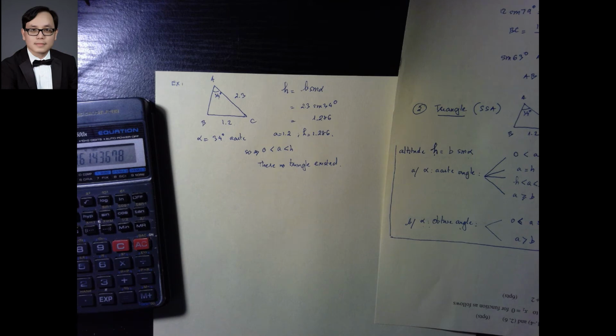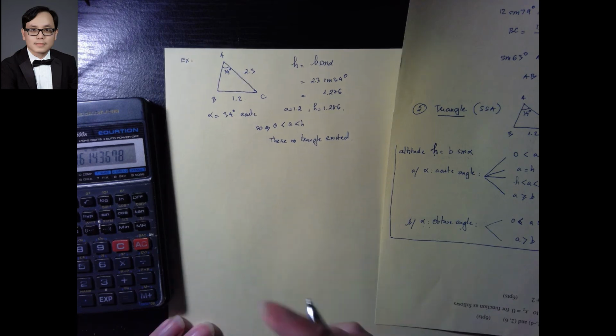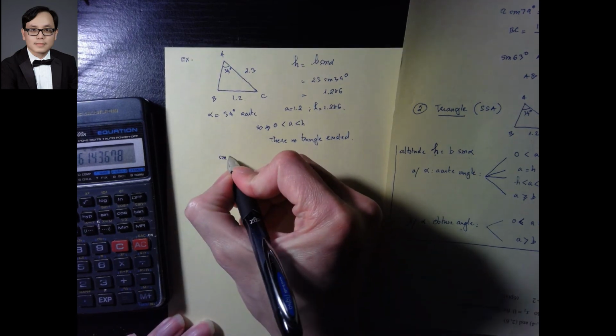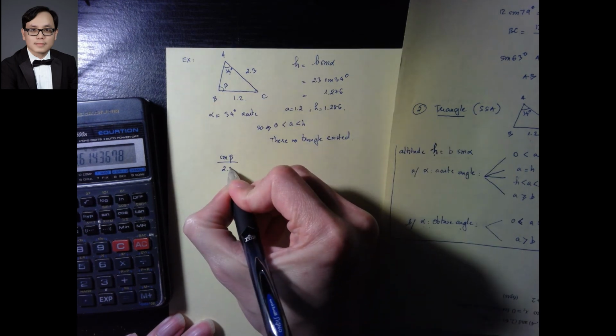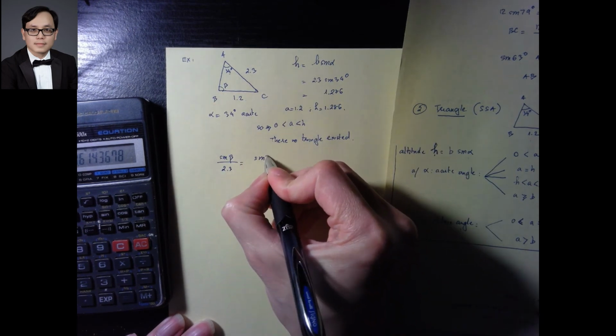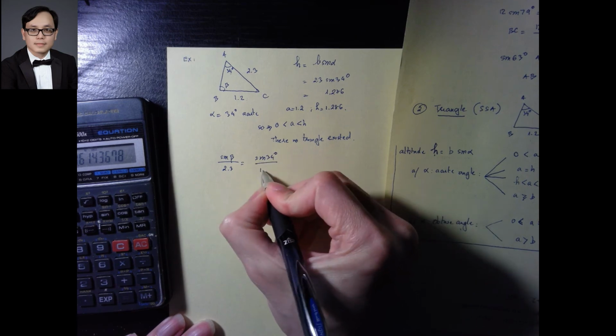So in that case, you don't need to solve for anything, unless they want you to find angle beta. You can find sine of beta over 2.3 equal to sine 34 degrees over 1.2.